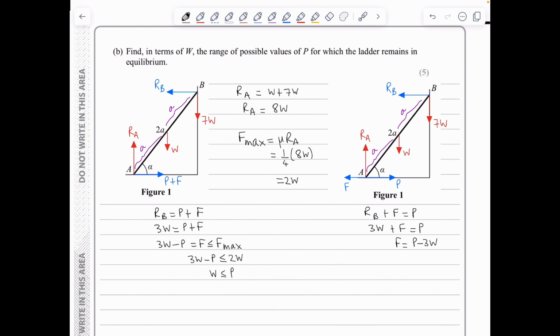Since F is less than or equal to F max, P minus 3W is less than or equal to F max, which is 2W, and therefore P is less than or equal to 5W. This can be nicely put together as W being less than or equal to P, which is less than or equal to 5W, the range of values for P for the ladder to remain in equilibrium.